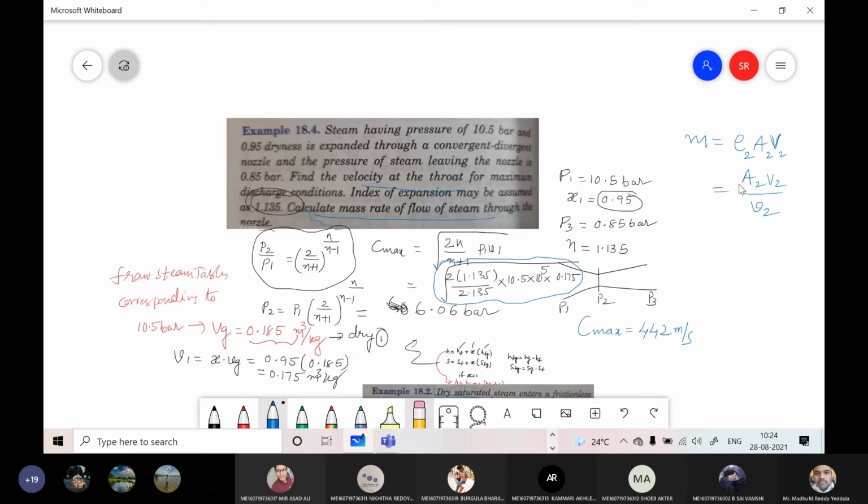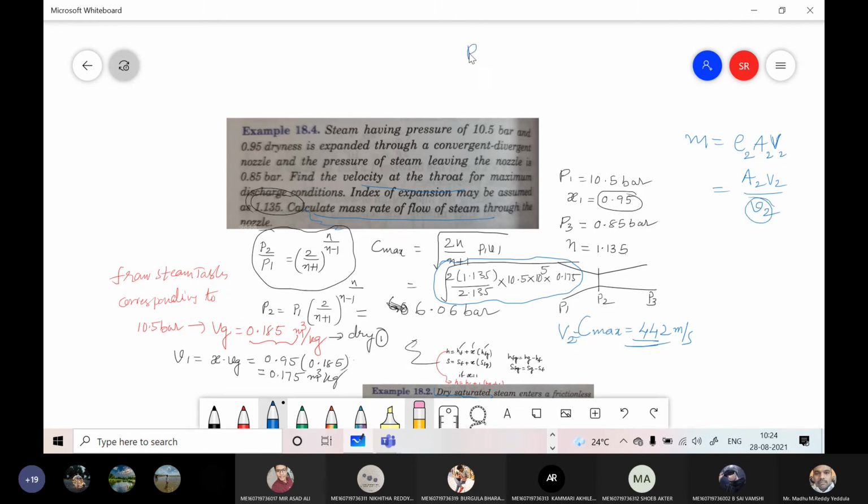Area is not given, so we can assume it as 1 meter square, and V2 we got just now, 442, the velocity of the steam leaving the nozzle.